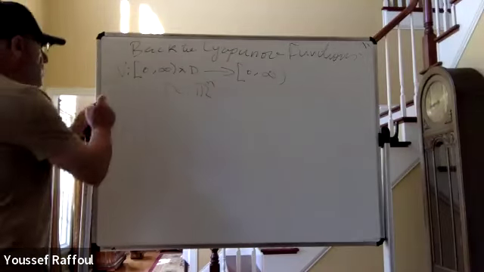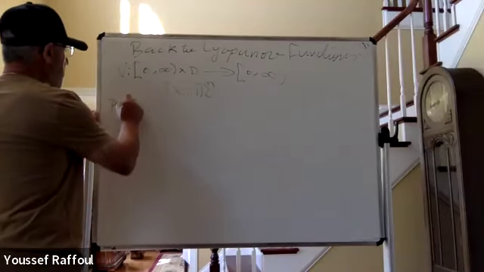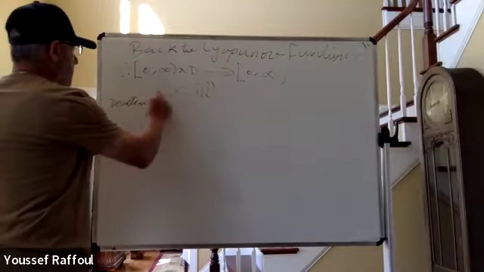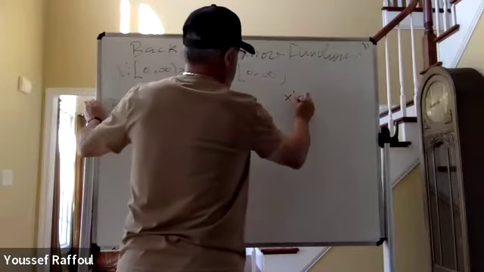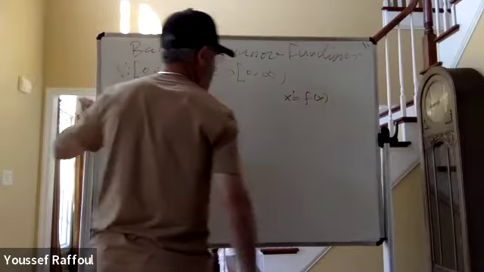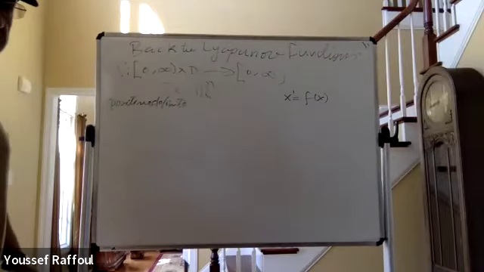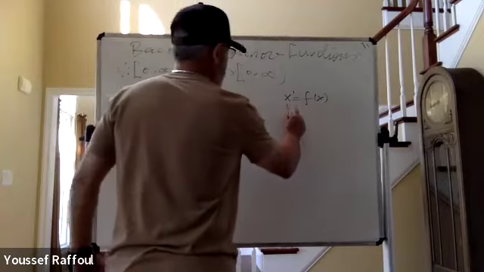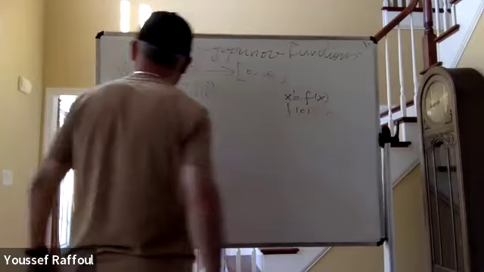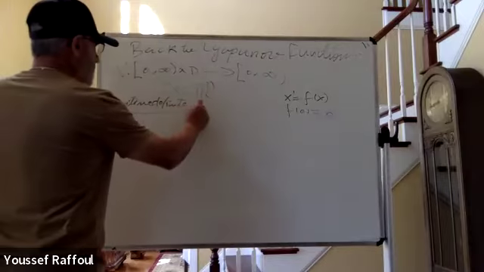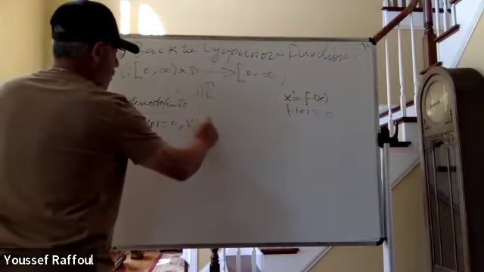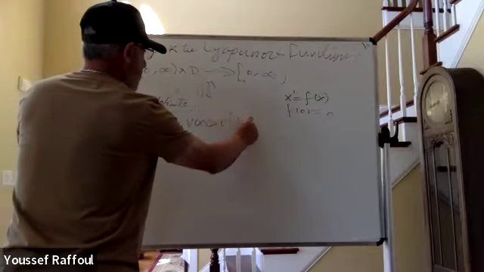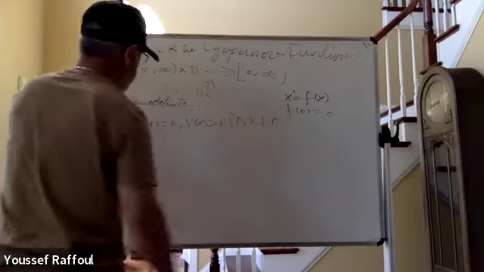All right. So this is positive definite. And we were talking about x prime equal f of x, right? And f of 0 equals 0. Positive definite means V of 0 equals 0, V of x is bigger than 0 for x not 0.